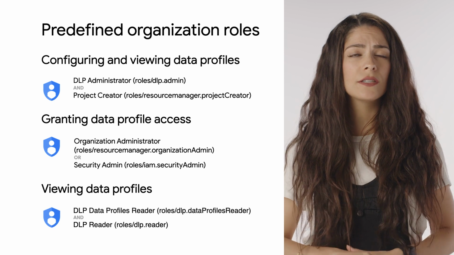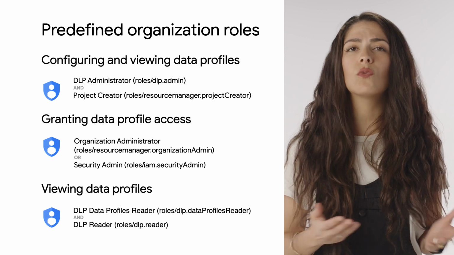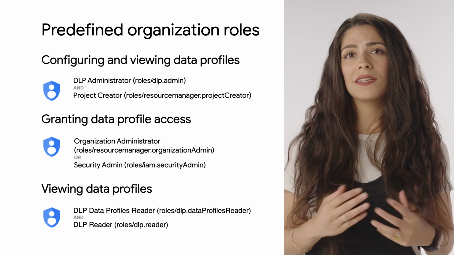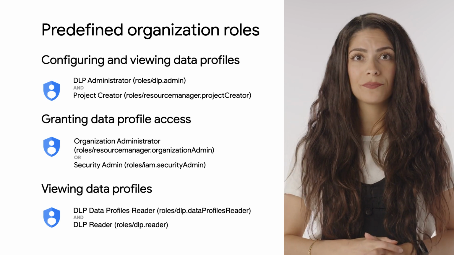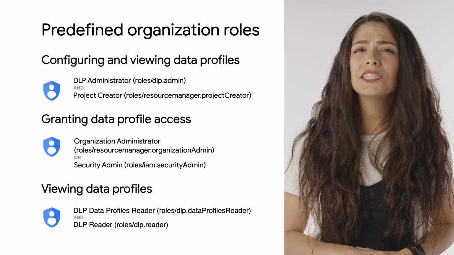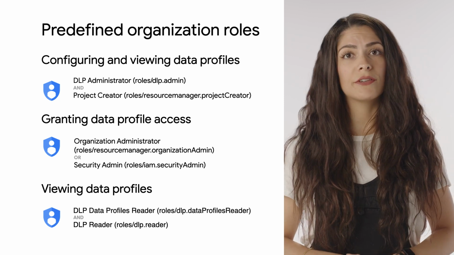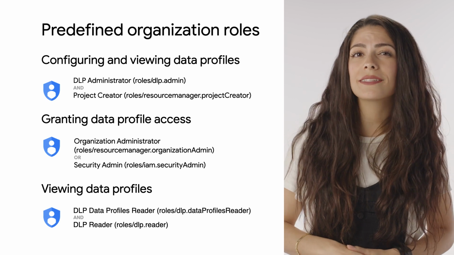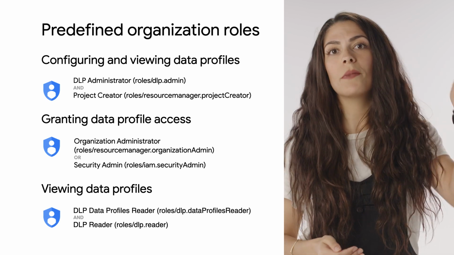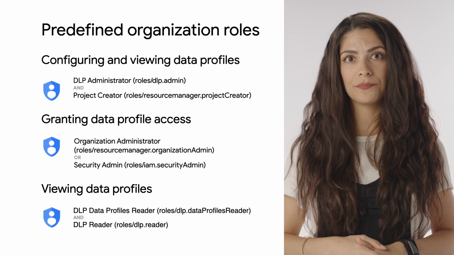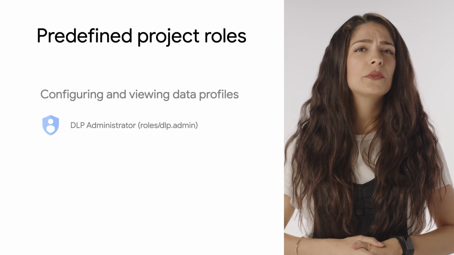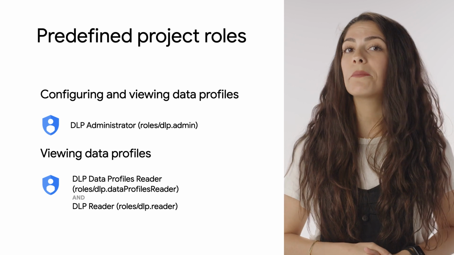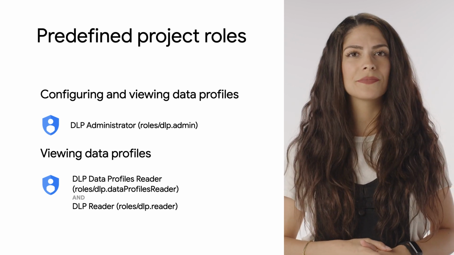Viewing data profiles on an organization or folder will require the DLP data profiles reader role and the DLP reader role. That being said, it is possible for a user to create the configuration, another user with higher permissions to grant profiling access, and another user to monitor the generated profiles. Similarly, to enable Automatic DLP at the project level, you need the right project level permissions.